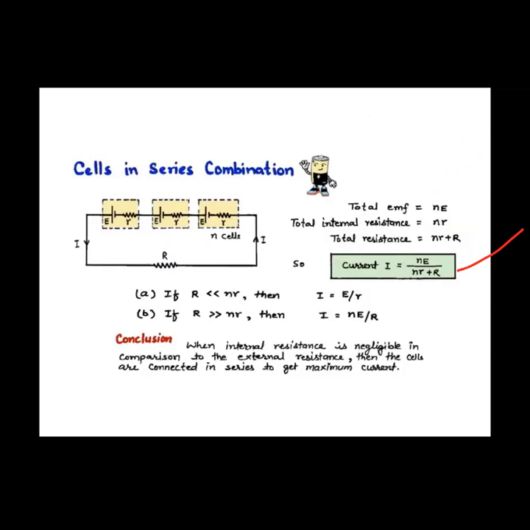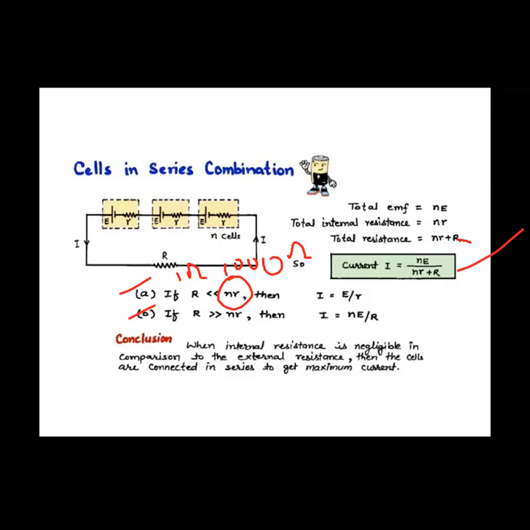Now here, we are going to suppose two things. There are two cases. If the total internal resistance of the cells, nr, is very large, suppose that value is 1000 ohm, and the resistor which you have connected in the circuit, capital R, is suppose 1 ohm. So 1 ohm is very much less than 1000 ohm, right?